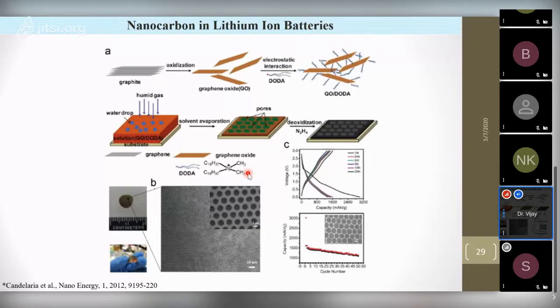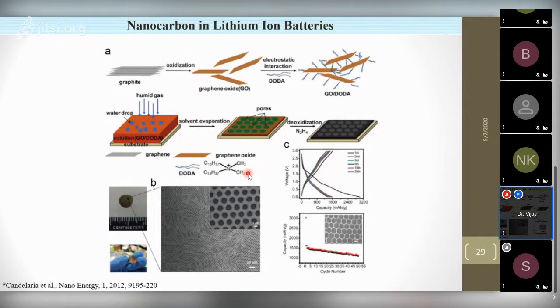This is one way, instead of direct graphene, of oxidizing and making it more porous. The oxidation is almost like a functionalization, so there are more chemically open or reactive structures. So these intercalated ions can easily come and find their own pair to make a stable structure if needed at some point.